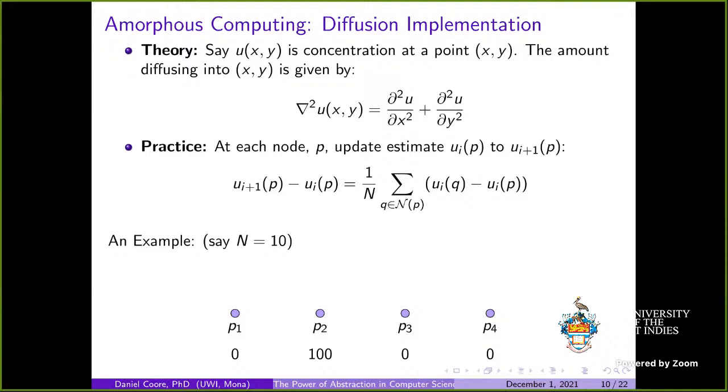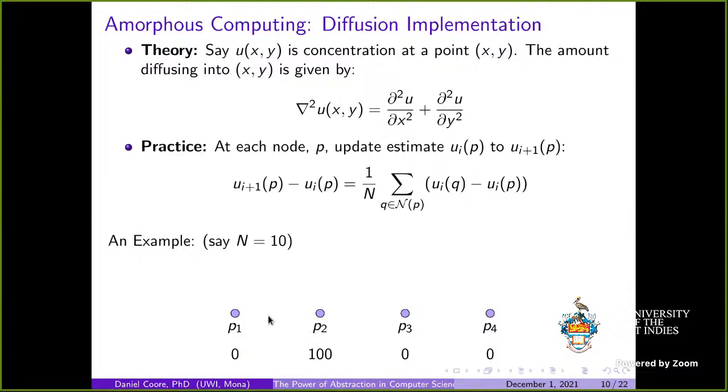What I'm trying to establish for you is how the diffusive process was implemented and to show that we could achieve it. So here's a little simple setup. We have 4 nodes. P2 has 100 of the stuff, whatever that concentrate is, this virtual pheromone we're going to diffuse. So it's essentially the source. P1, P3, and P4 are the others, and the neighbors are just the adjacent nodes. So P2 and P4 are not neighbors.